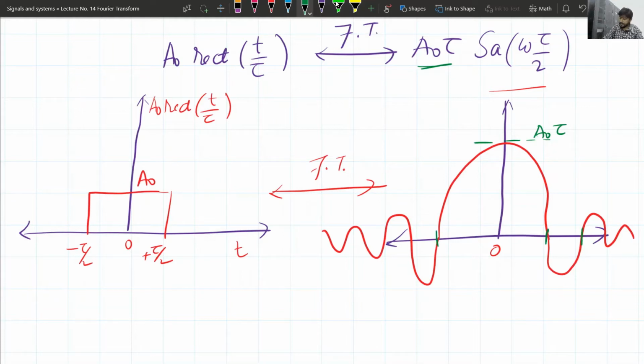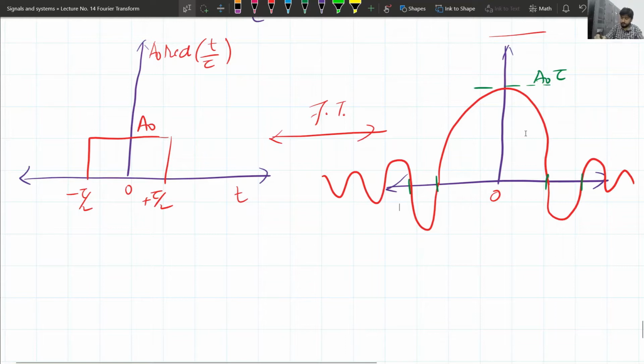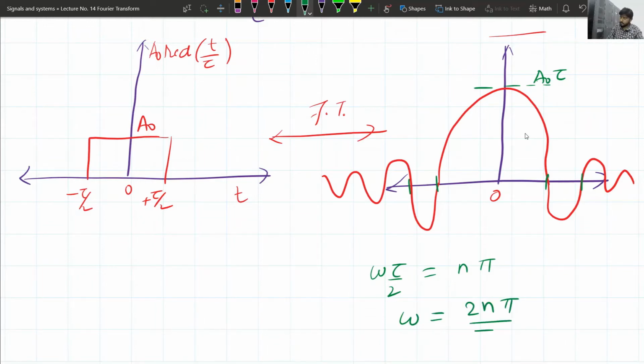The points at which it will be 0 will be given by omega into tau by 2 equals n pi. That is at the values 2 n pi by tau, it will have zeros.